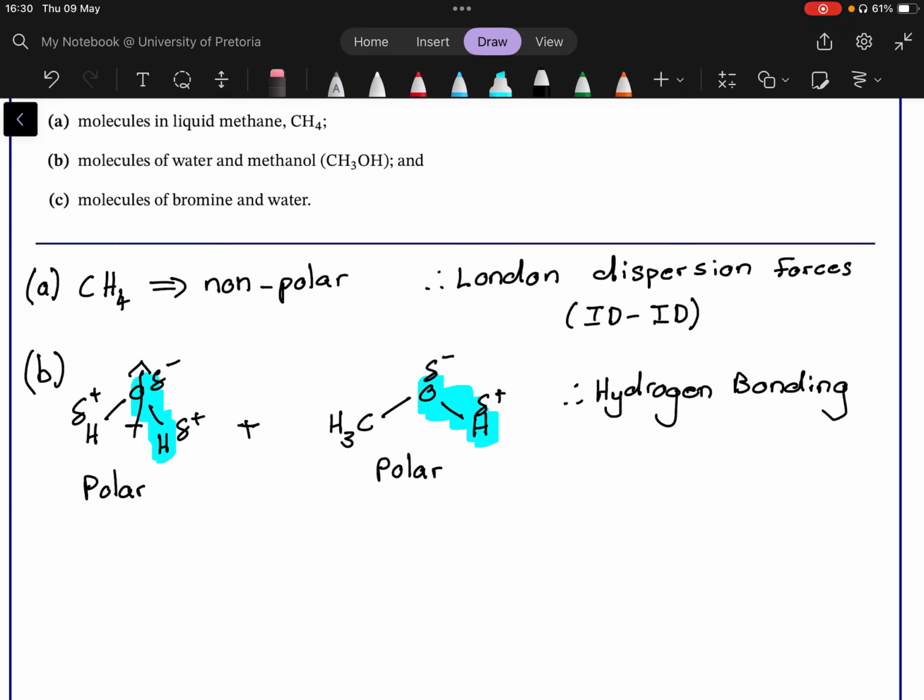Hydrogen bonding forces are a type of dipole-dipole forces. So you don't need to expand on that, but you can write dipole-dipole forces as well. Plus, there are, of course, always London dispersion forces. So that's the easy one. You can always write London dispersion forces.